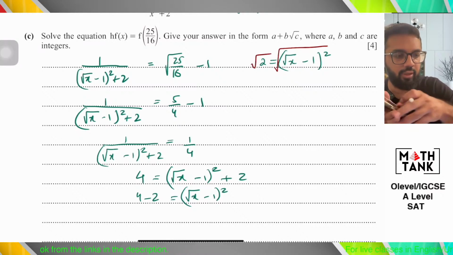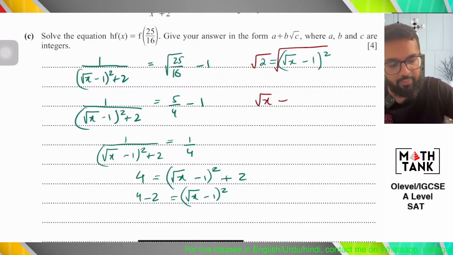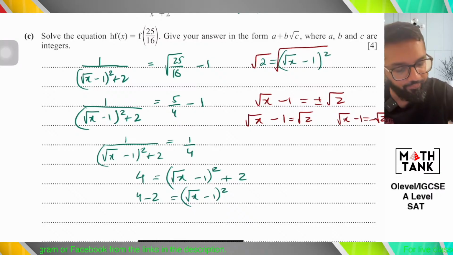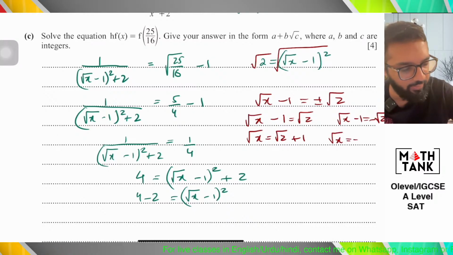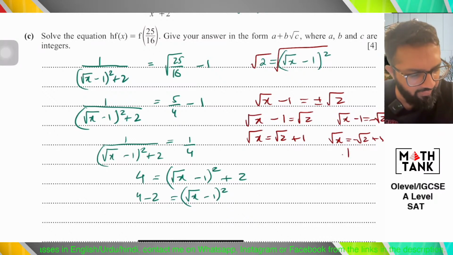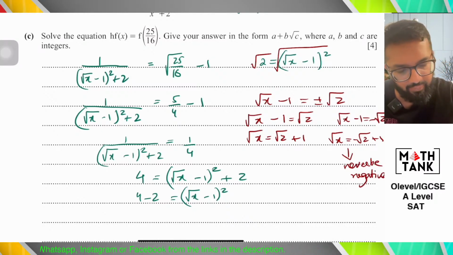Okay, take a root on both sides. You get root of x minus 1 equals plus minus 2 root of x. That's root of x times root 2 plus 1. Root of x can never be negative, because the other right hand side is negative.